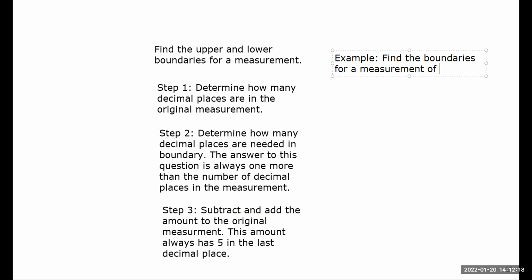of 7 feet. That was number 17 in your book. So 7 feet doesn't have any decimal places. There aren't any decimal points in this number. So the original measurement has 0 decimal places.